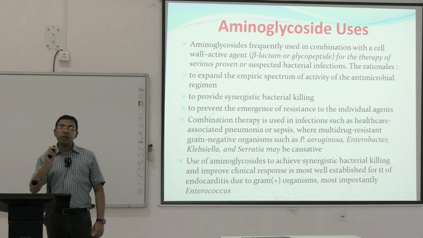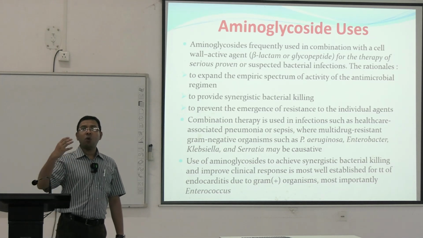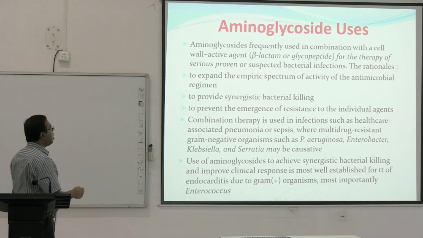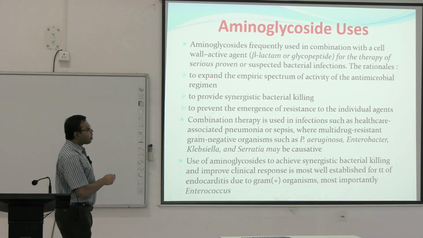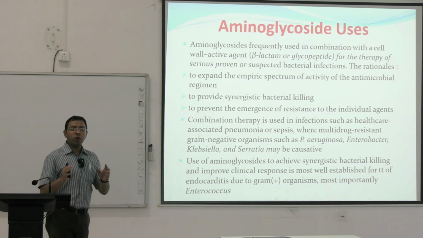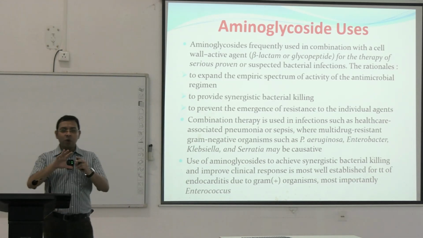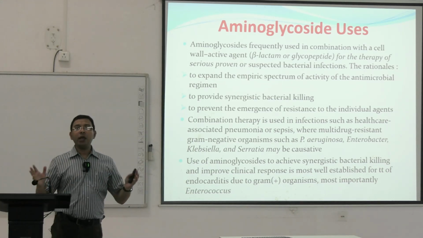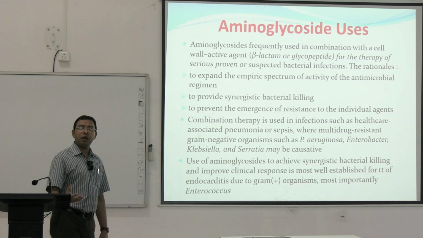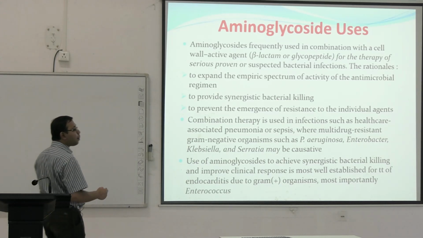And aminoglycosides, since they are bactericidal agents with concentration dependent activity, with increased concentration, if there is severe septicemia, we can control it. The rationale is we can expand the empiric spectrum of activity of the antimicrobial regimen. So when we add penicillins or glycopeptides to aminoglycosides, we are basically expanding the antimicrobial spectrum, because this patient, since admitted, there will be a broad spectrum of infections, and to provide synergistic bacterial killing.